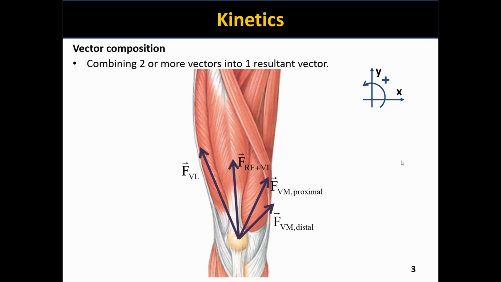Vector composition is a process where we can take these four vectors, add them up, and we will get one resultant vector, and we designate that as the force of the quadriceps femoris muscle group. And so what we see here is a long vector, greater in magnitude than any of the individual components, and reflects a direction that's just slightly lateral to that of the RF and the VI.